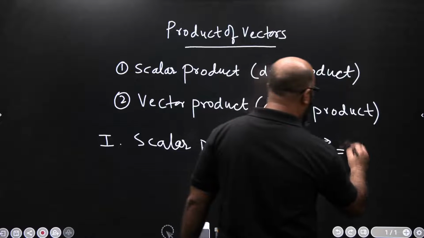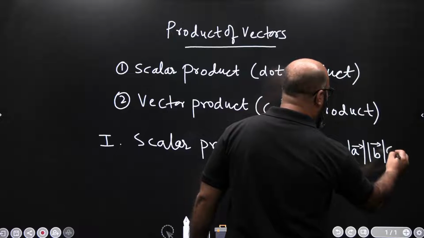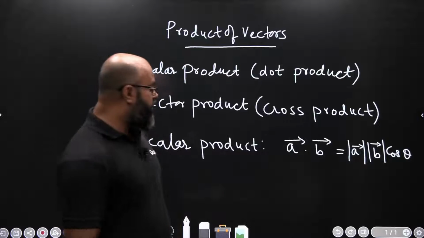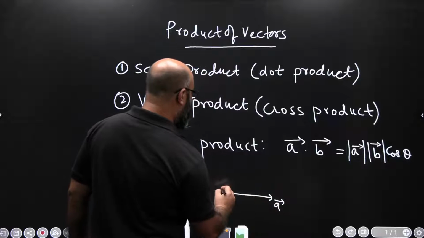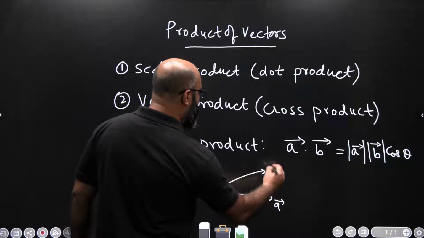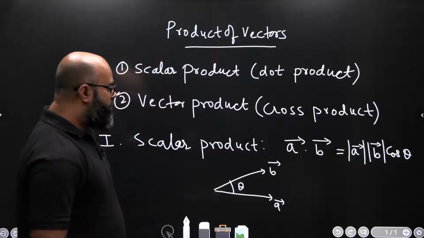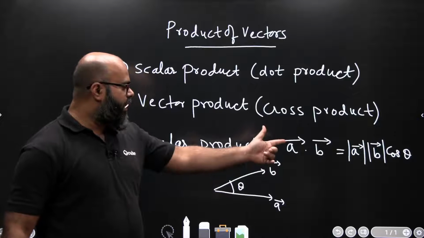This value is magnitude of a into magnitude of b into cos theta. Theta is the angle between the two vectors a and b. So this is vector a, this is vector b, and there is an angle between them which is theta. This theta will give you some cos, and cos theta will be multiplied with mod of a into mod of b.